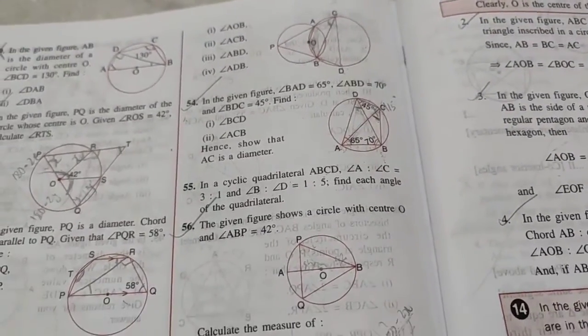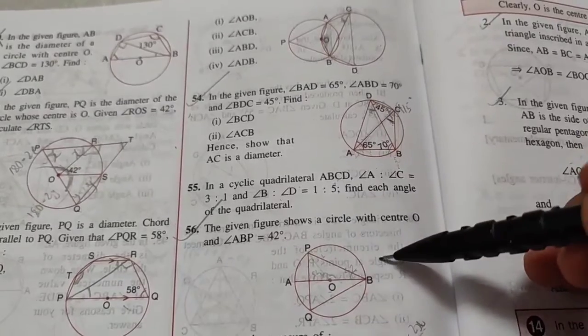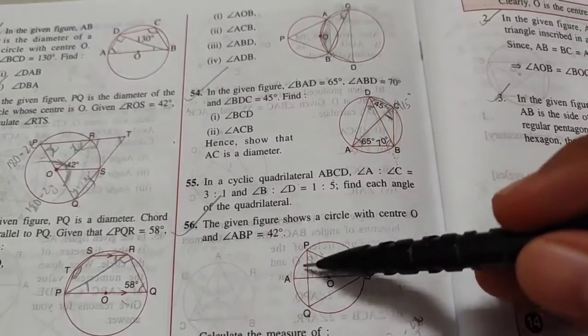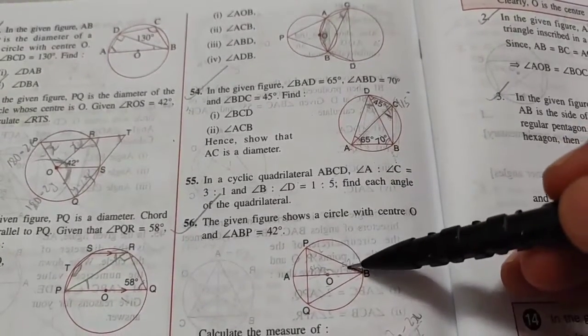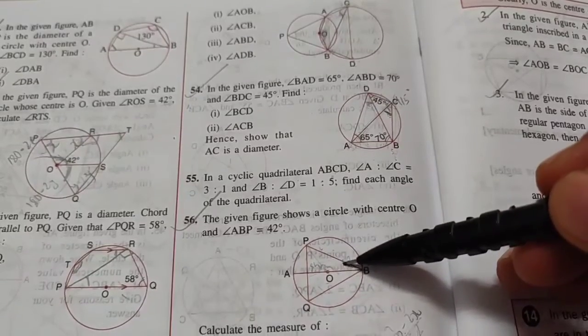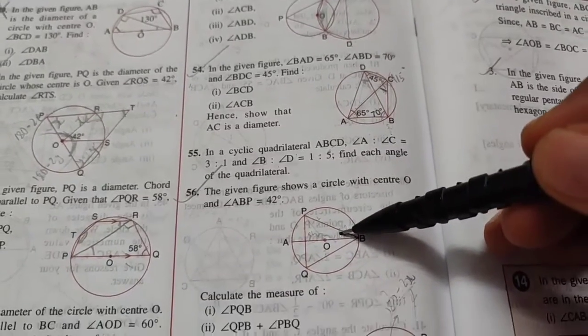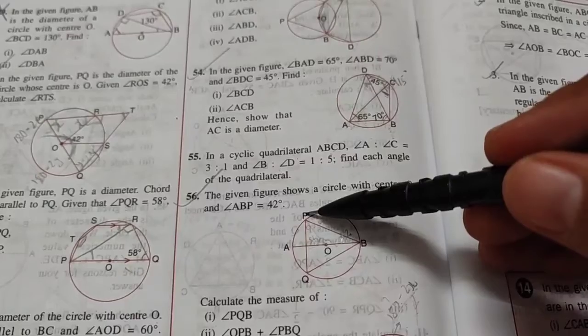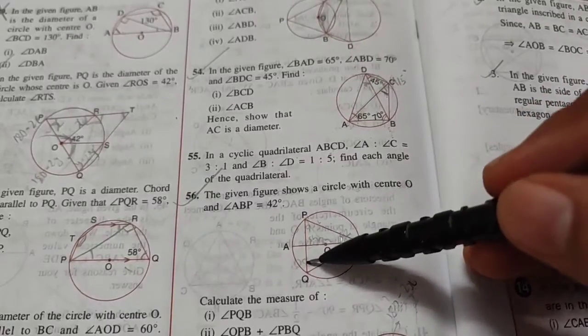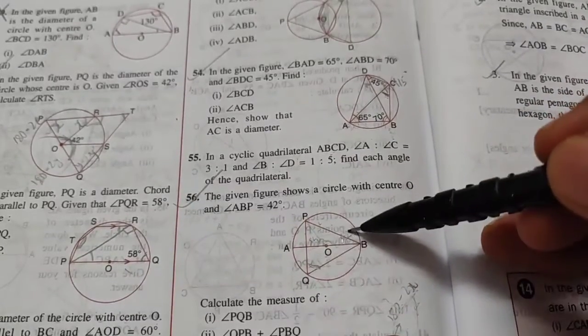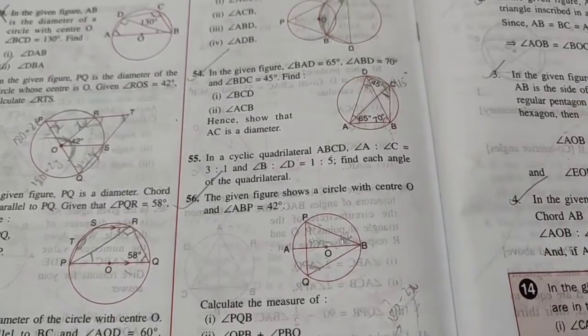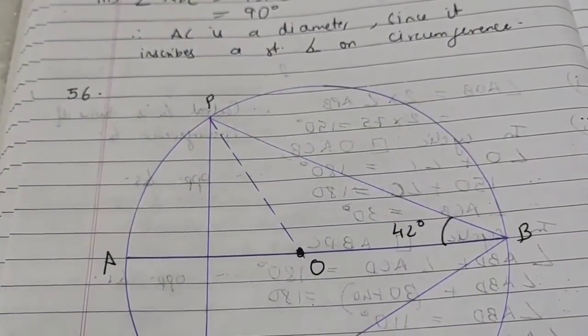Next, 56th sum. Here, angle ABP has been given as 42 degrees. This one, 42 degrees. And we have to find angle PQB. That is this one. So how do we go about that? There are a few ways, a few methods.